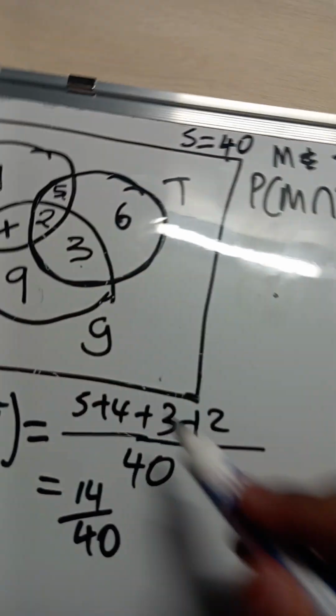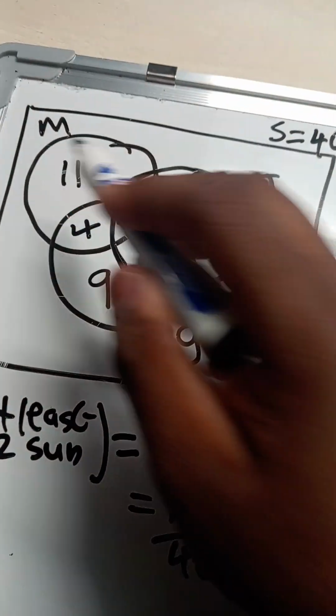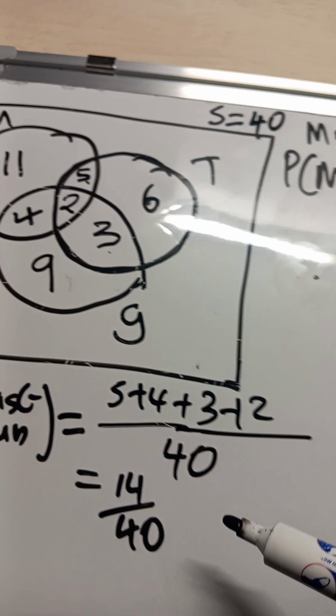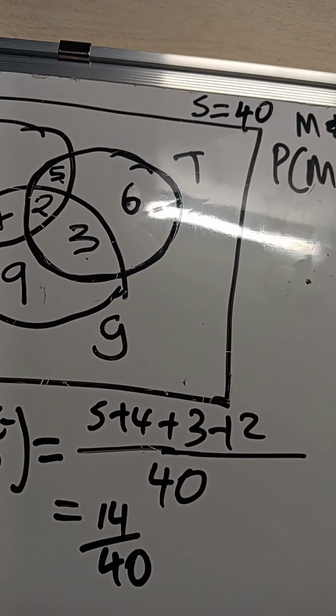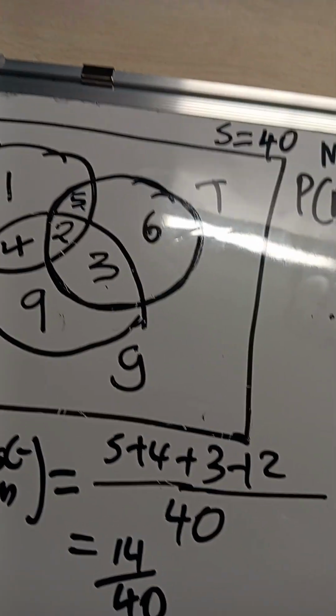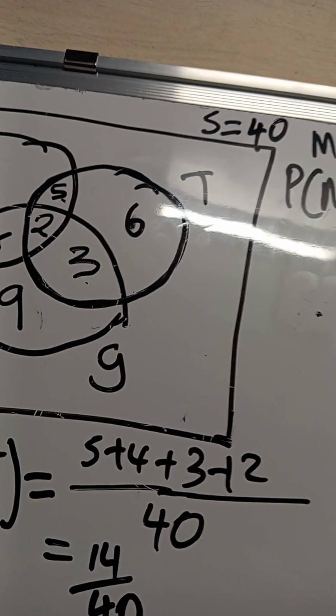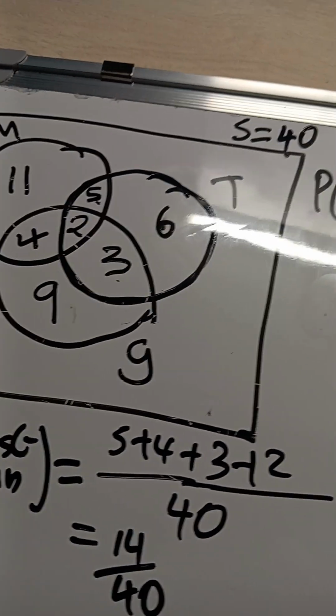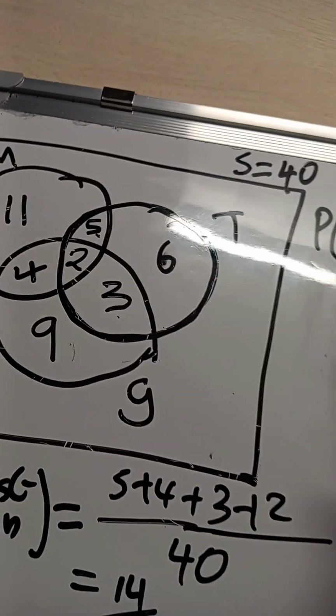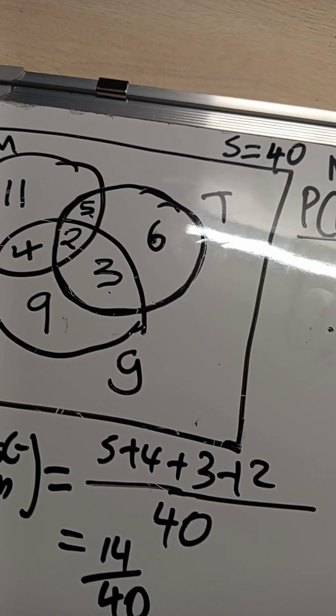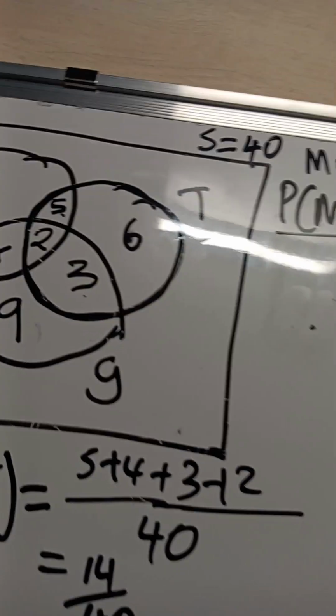But from the Venn diagram, I can see mathematics and tourism, what is it? Let's go and check it out. What is mathematics and tourism here? We have to find the intersection of mathematics and tourism.